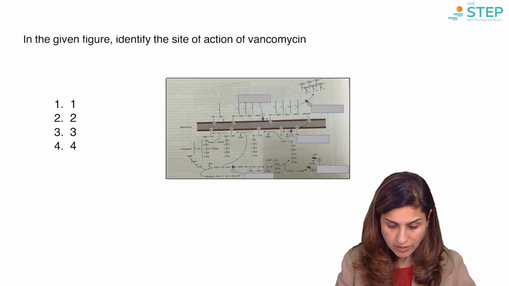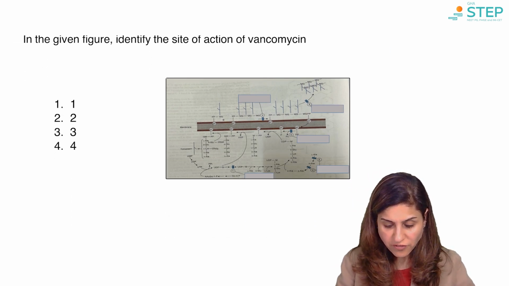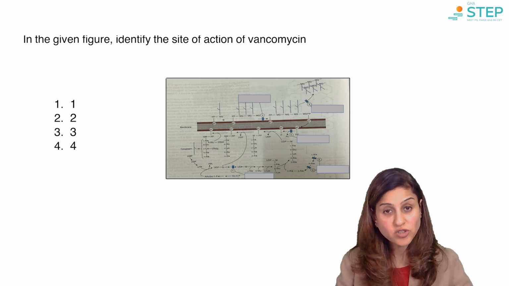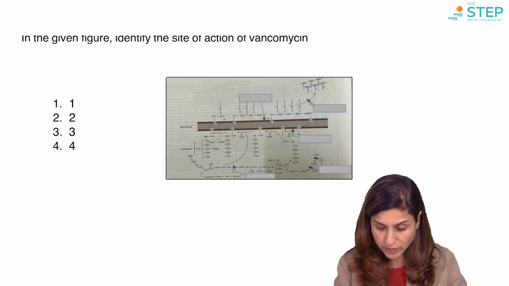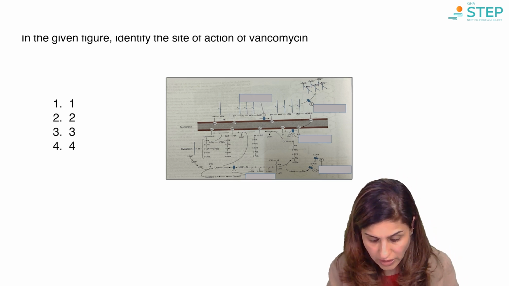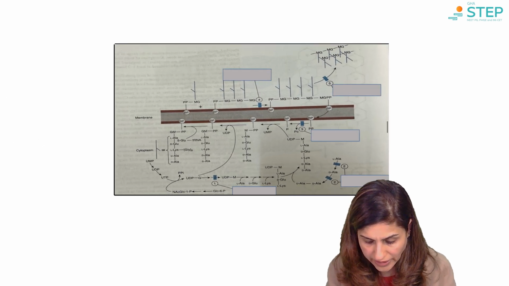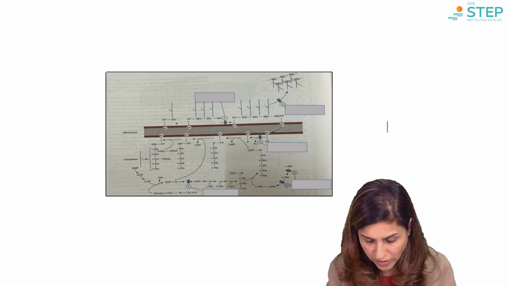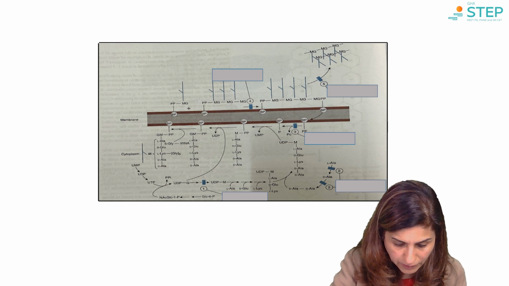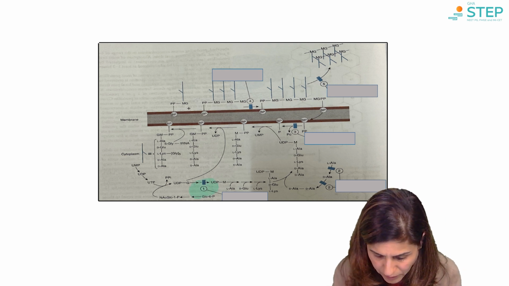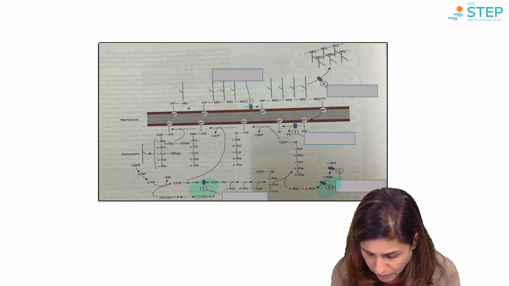Now, let's move on to this question. In the given figure, identify the site of action of vancomycin. Antimicrobial, another very important question. So this question, if you see closely here, identify the site of action of vancomycin. So here, let me highlight it for you. This is site number 1. This is site number 2.